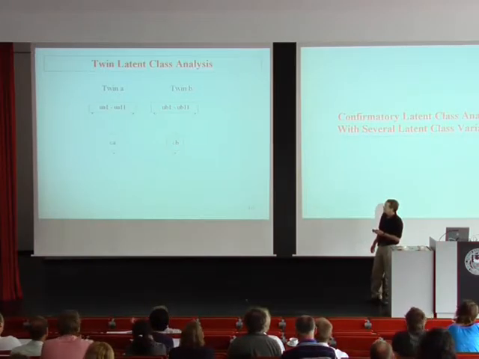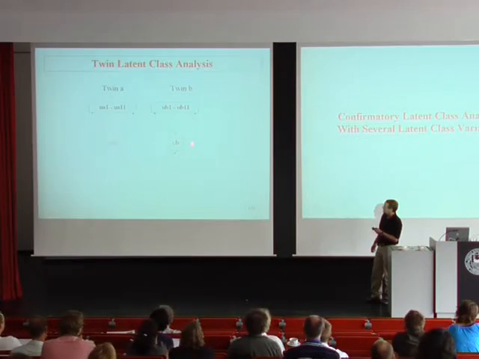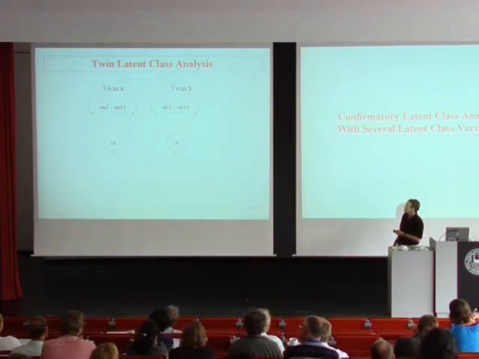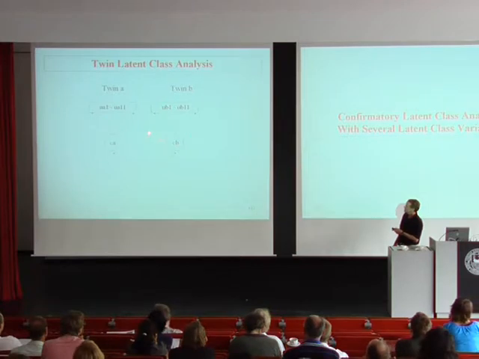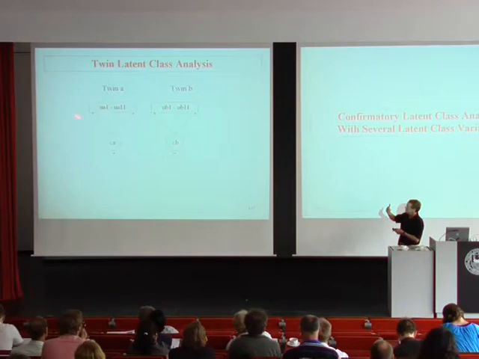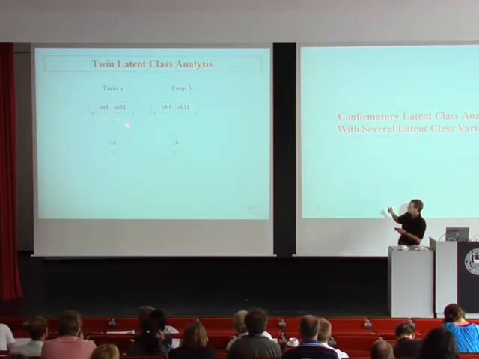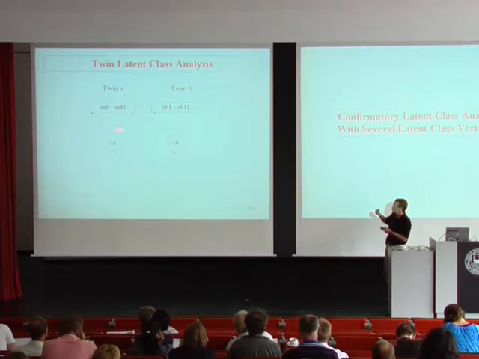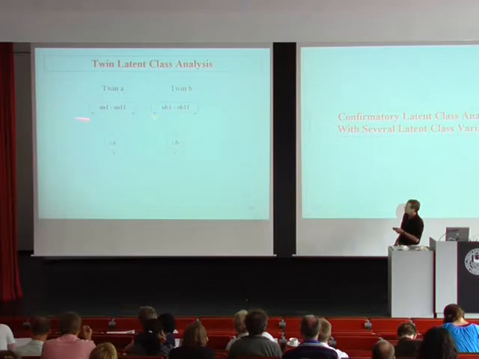Not only do we have two latent class variables, but we also have certain restrictions. For instance, we may say that we have measurement invariance between the two twins. So we have an equality sitting here. That is, the measurement parameters, the conditional item probabilities, which we represent by the loaded threshold values, are equal across the twins.